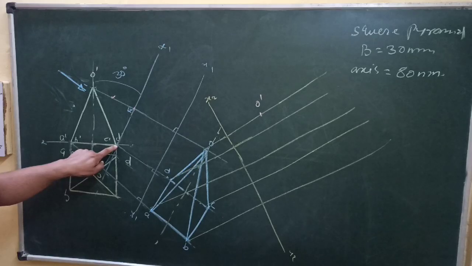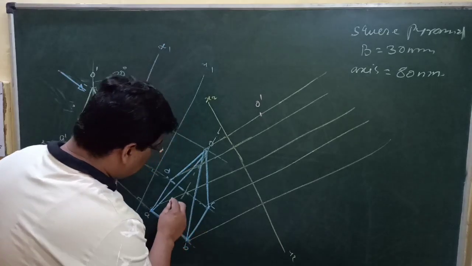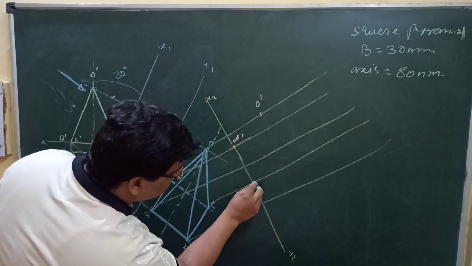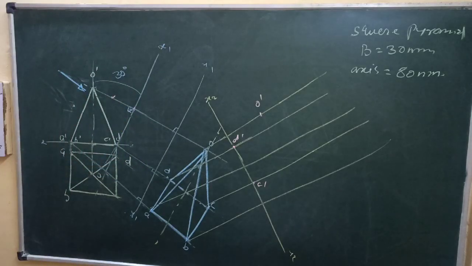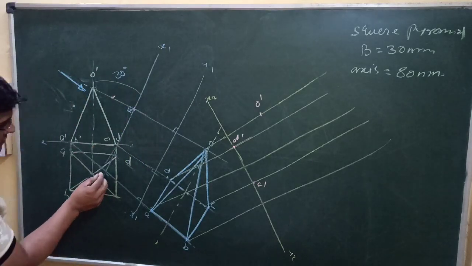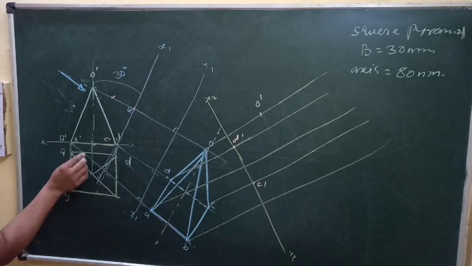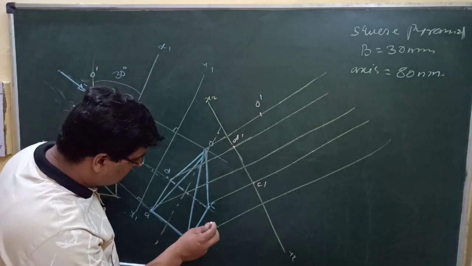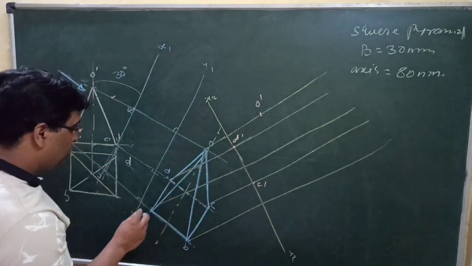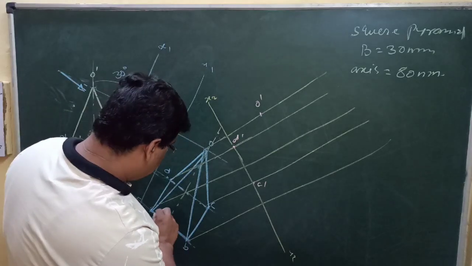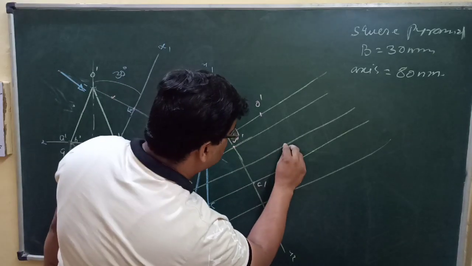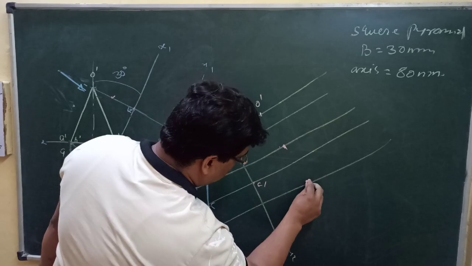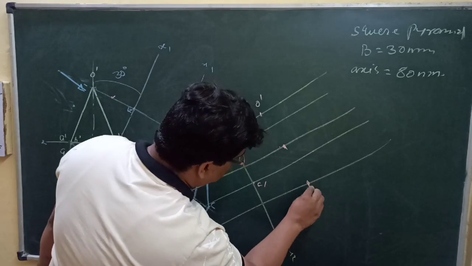For C and D, zero distance because it is touching, so this will be D dash and this will be C dash. For A and B, from x1 y1 take this distance, so we can cut these distances on A and B. So this is A, somewhere around here this will be the distance, and for this also this will be the distance.